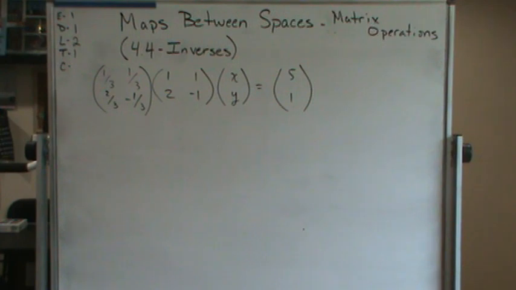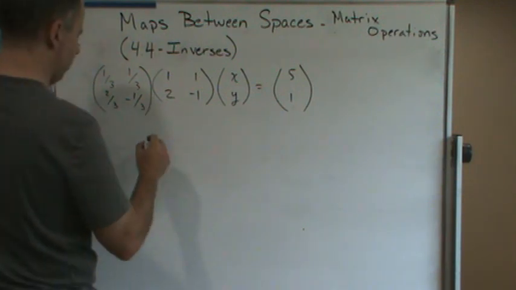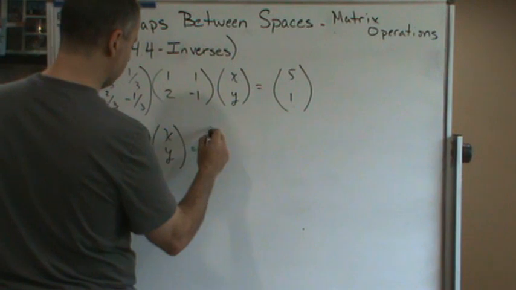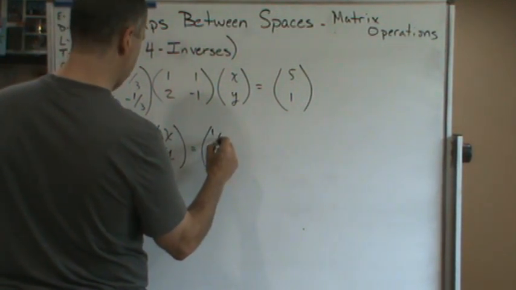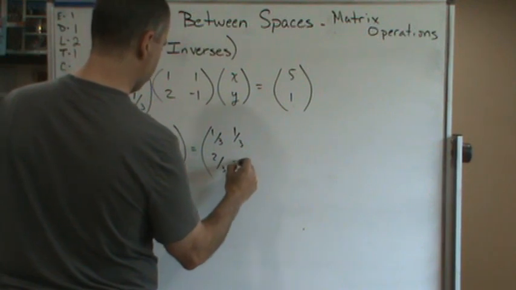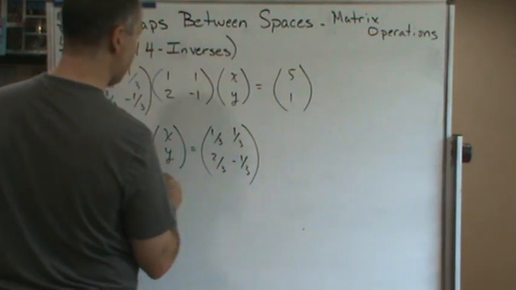Now all I have to do is solve this easily using our inverse method. So what do we have? xy is equal to 1/3, 1/3, 2/3, negative 1/3 times what?